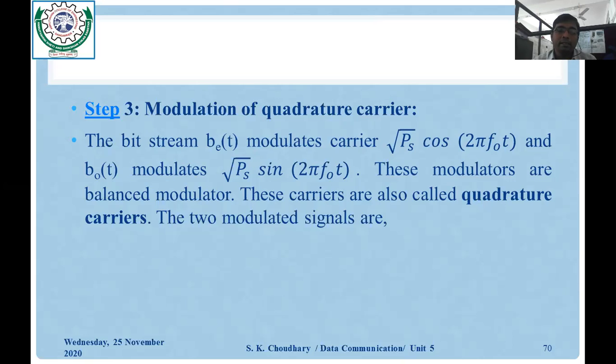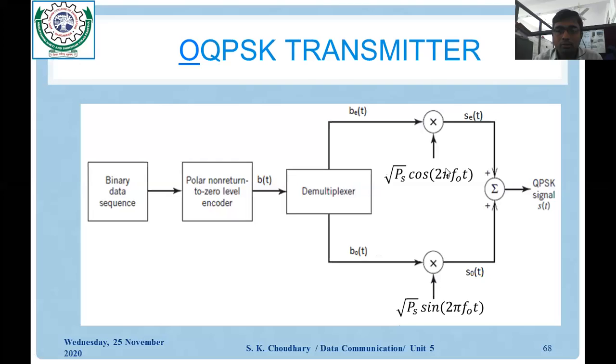Because both carrier signals have a 90 degree phase shift between them. These modulators are actually balanced modulators, and these carriers are also called quadrature carriers. If you see this diagram, it is also very clear what I am saying. So even and odd are then merged with the orthogonal carrier signals in the product modulator. Okay.